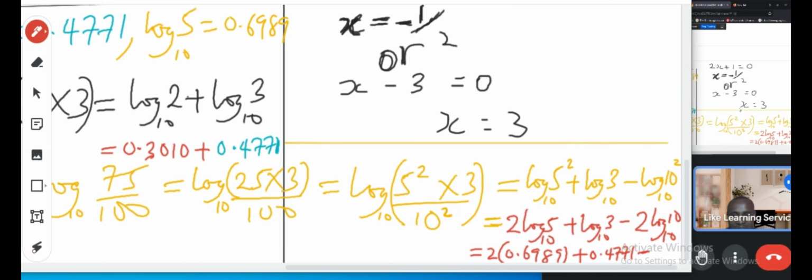So 2 times 1 is just minus 2. So you simplify and then you get your answer. I think that's cool. Yes. Beautiful. Okay.